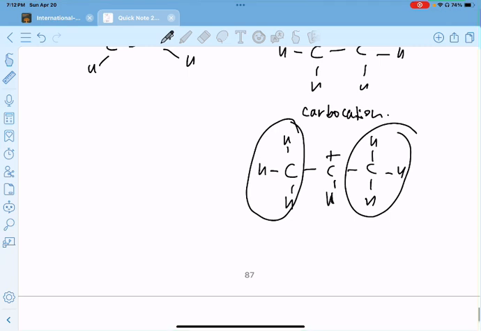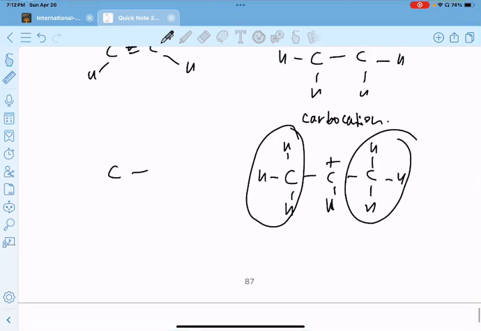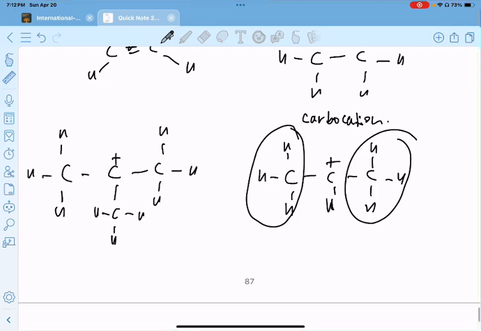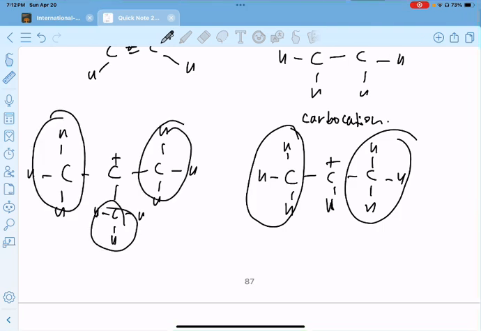This is a secondary, and how do we form a tertiary? This will just basically be this. H, H, H, H. This is the tertiary carbocation because three methyl groups are attached to the carbon cation, okay?